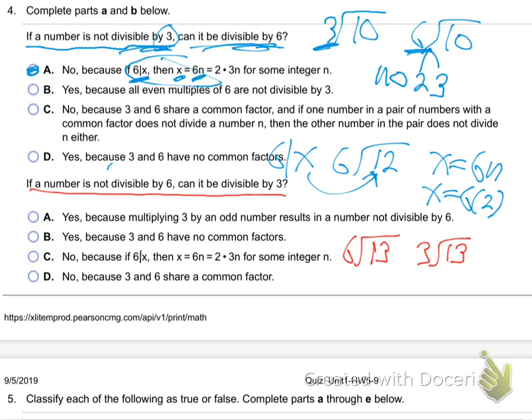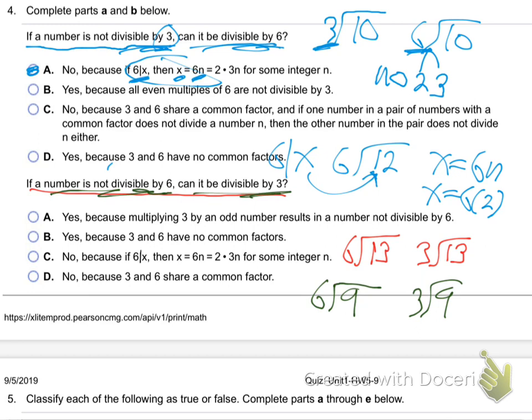Because here's another case. Does 6 go into 9 evenly? No. But 3 goes into 9 evenly.